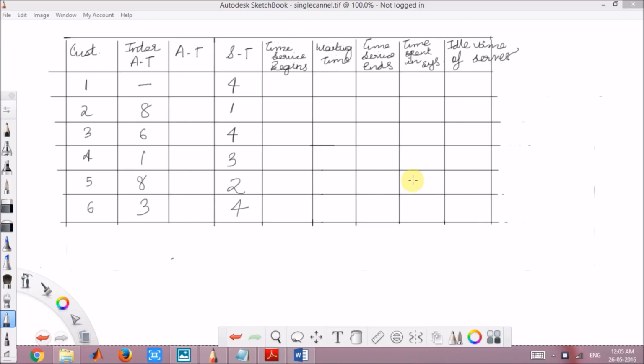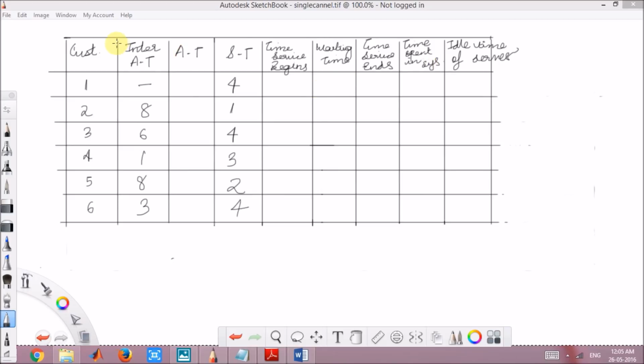What this table actually means is we're simulating the 6 customers. Basically we're providing a timeline. We're telling the customers the inter-arrival time, arrival time, the service time that it has, the time the service actually begins, waiting time, the time the service ends, then the total time spent in the system, and then finally the idle time of the server.